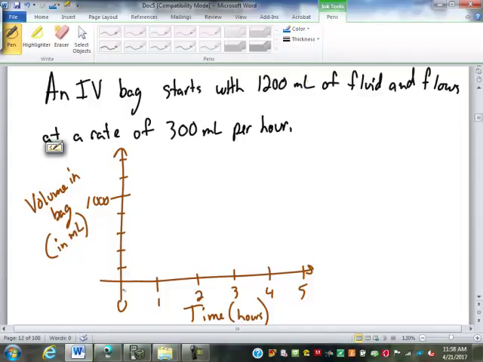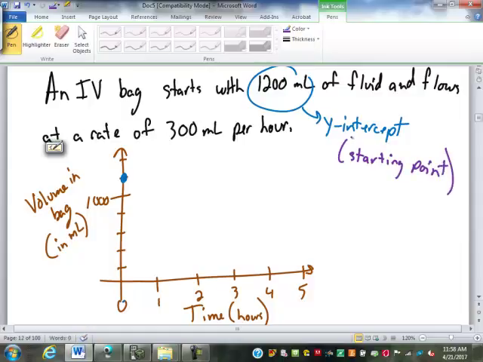So at time equals 0, in other words, when we start, the volume is at 1,200 milliliters. That's my Y-intercept. The Y-intercept is a starting point, as we had mentioned before. So when time becomes our independent variable, which it very often does, the Y-intercept is an initial point, when time equals 0.